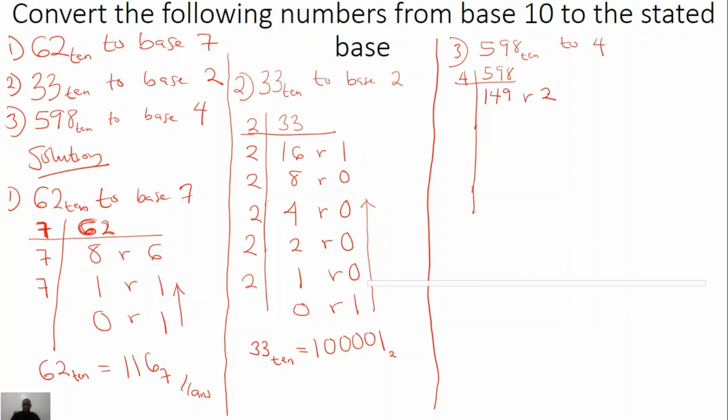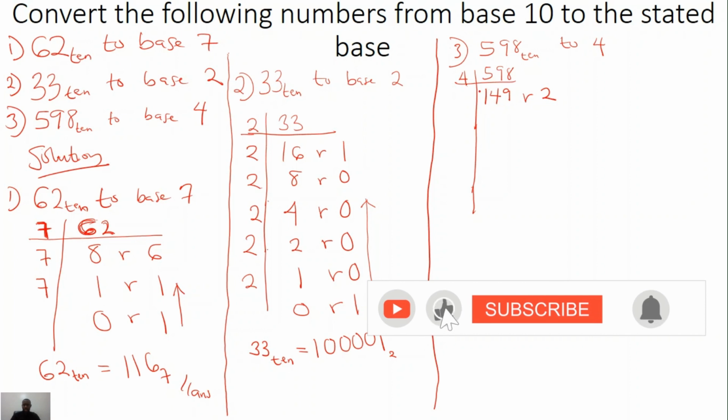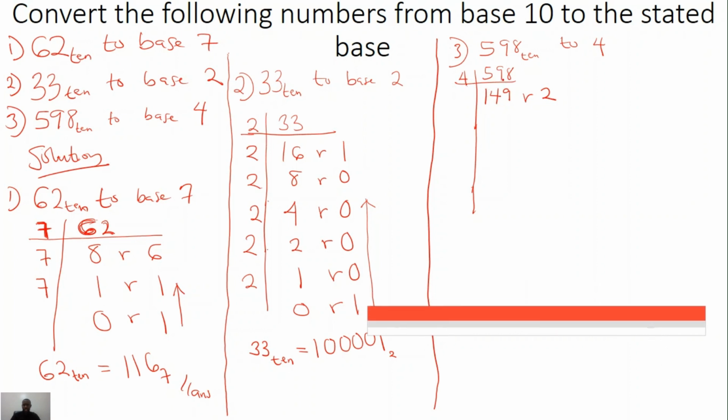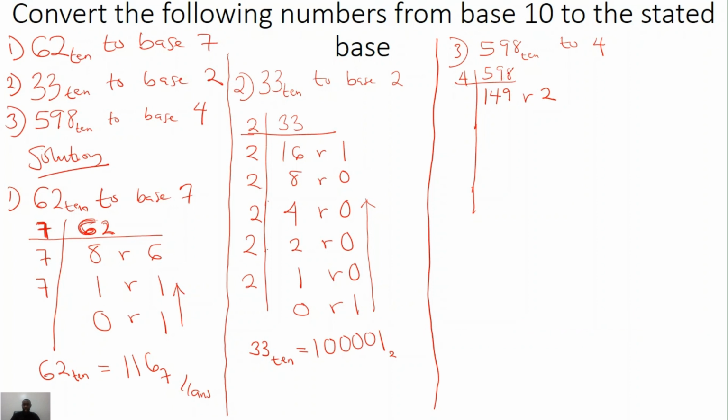remainder 2. That's because 4 times 149 is equal to what? 596. Okay, and 598 minus 596, the remainder, will be equal to 2. Okay, then 149 divided by 4.